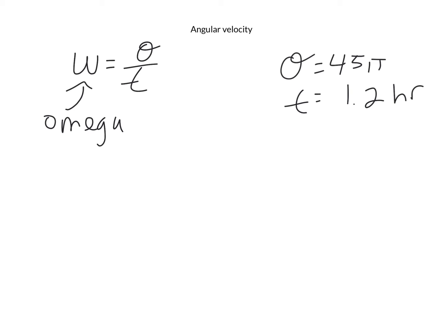Let's say we have a central angle of 45 pi, and that we also have a time of 1.2 hours. Let's find this angular velocity, given this information. So we're going to simply just do 45 pi divided by 1.2 hours.